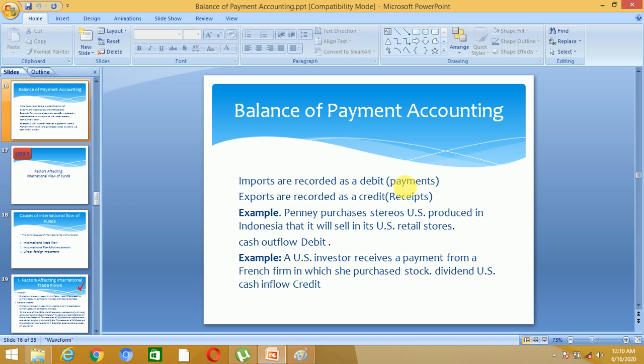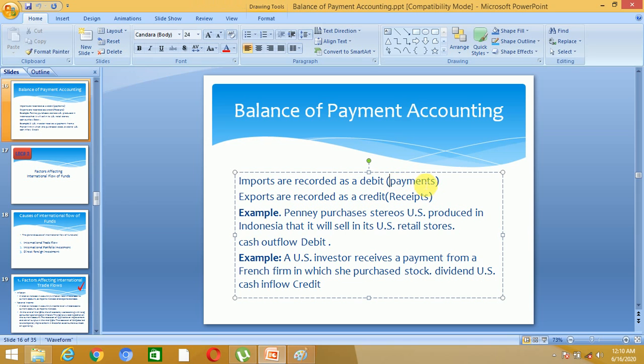An expense is a payment, and an increase in expense is debit. Exports are recorded as credit. Goods are going out, money is coming into the country, so it is an income. An increase in income is a receipt, and an increase in income is credit.